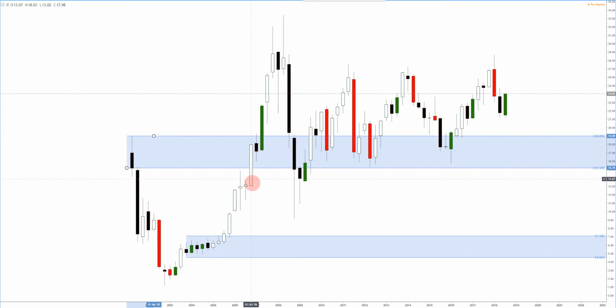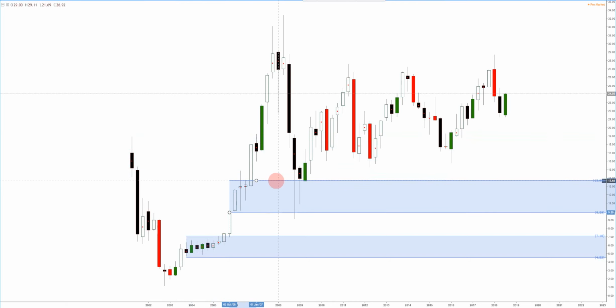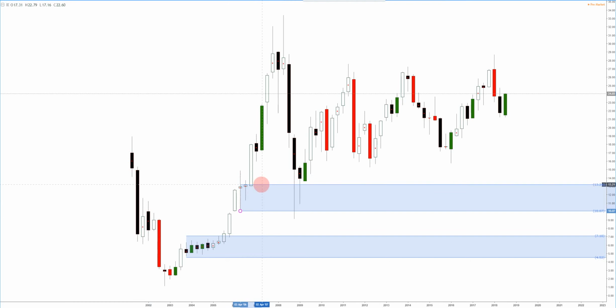So we go down and left and we stop when we see a pause or a valley, which are the two potential areas for demand imbalance. So here we have the area of demand. Over there, that's the area of demand.